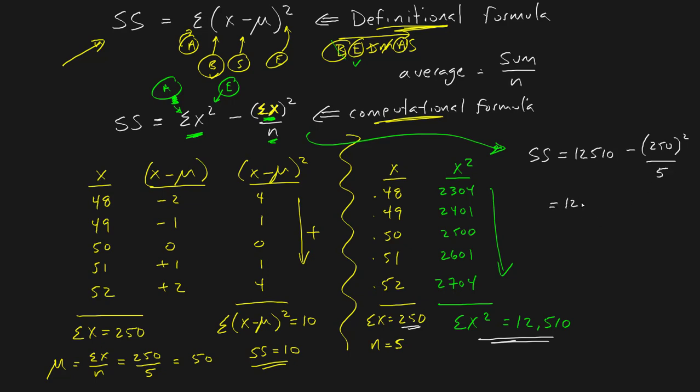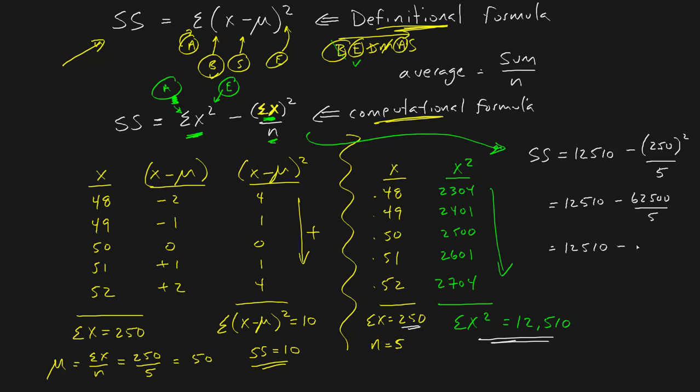So let's do the fraction first. 250 squared is 62,500, and we're going to divide that by 5, and so this ends up being 12,510 minus this fraction.